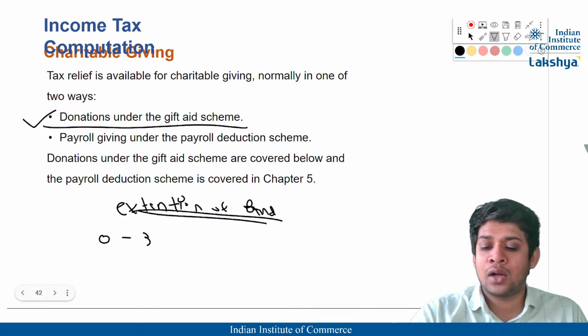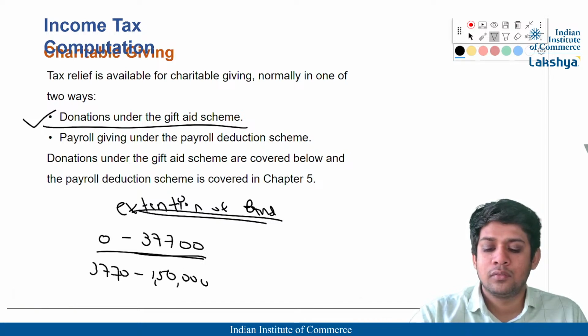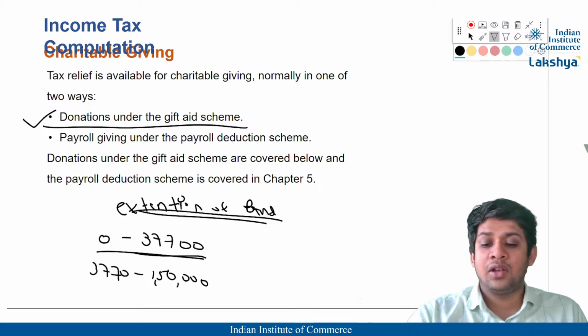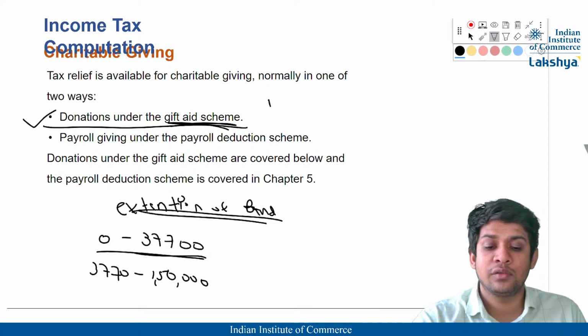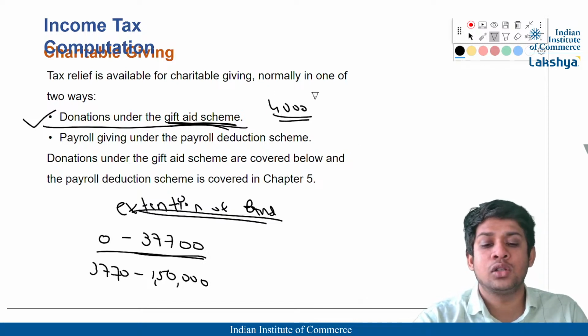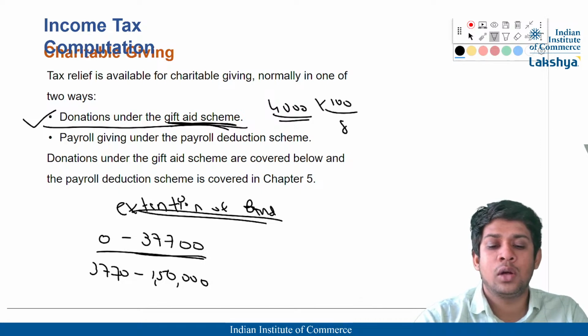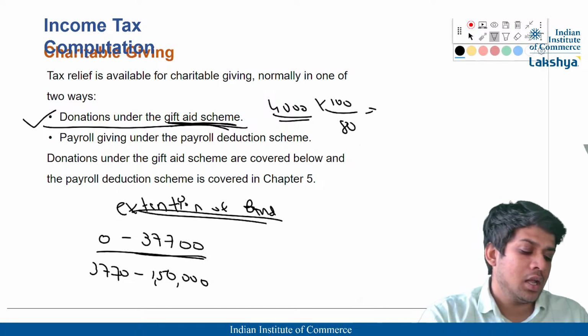Technically, my basic rate band goes from 0 to 37,700 and from 37,701 to 150,000. Say I've given a charitable donation under the Gift Aid scheme of 4,000. I've paid 4,000, so the gross will be 4,000 into 100 divided by 80.